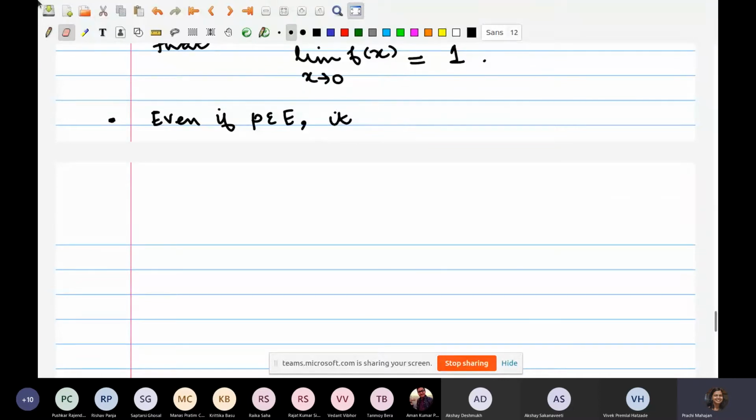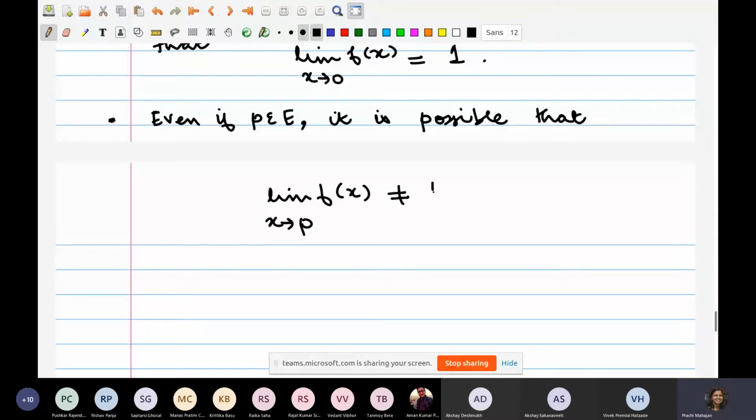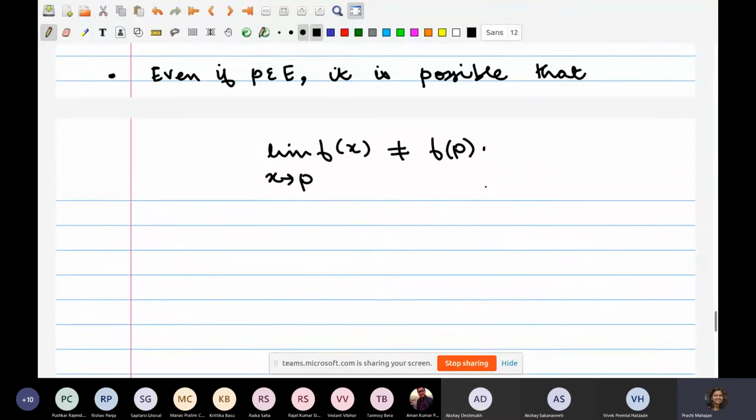It is also possible that the limit of f as we tend to P exists and equals f of P, and it is also possible that the limit of the function f as x tends to P is different from f of P. Again, let's just note it down.